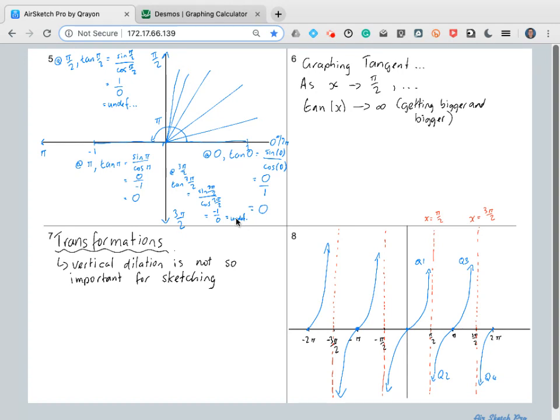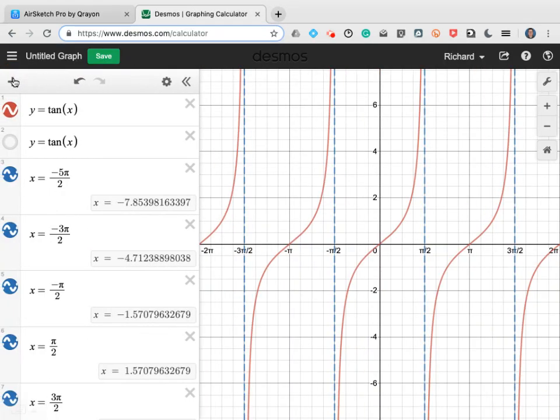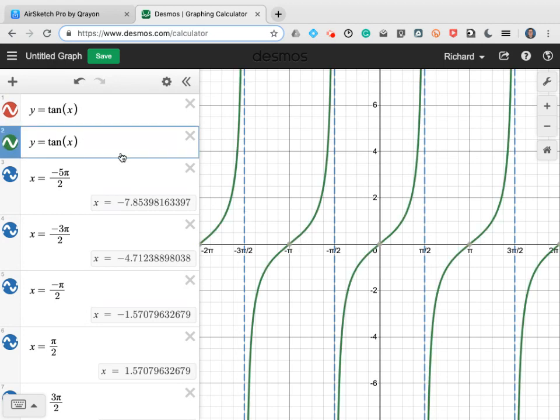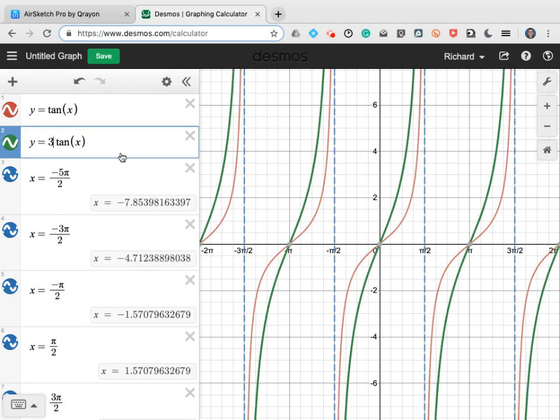So vertical dilation would be the value I put in front of the tan graph, right? So there's the regular tan graph, the red line. Now I'm going to activate a second graph, y equals tan x. That's why the red line's disappeared now, because it's covered by the green one. So if I put in, say, 3 tan x, you can see that there is a definite stretch.